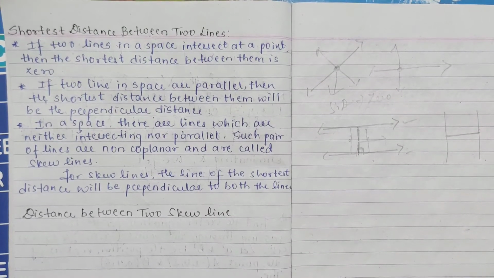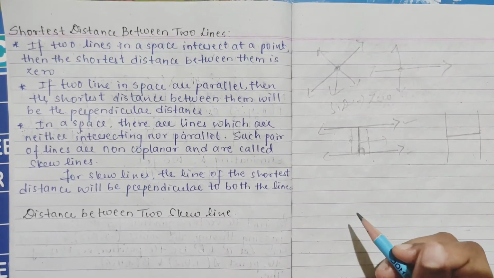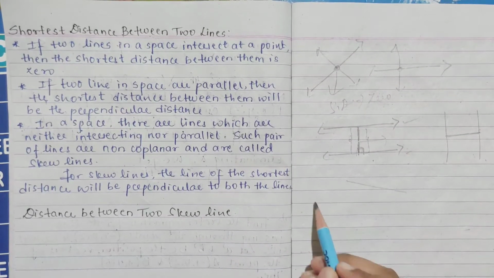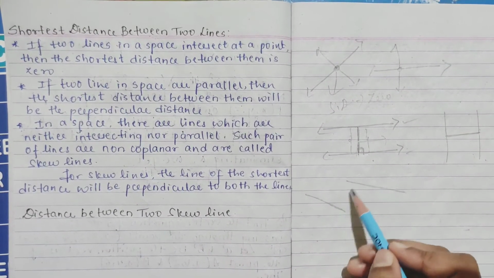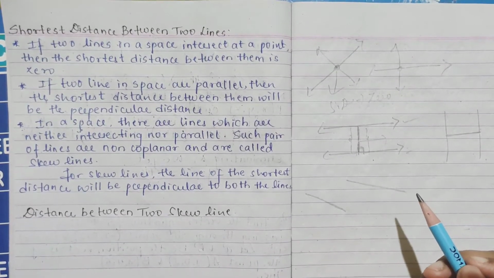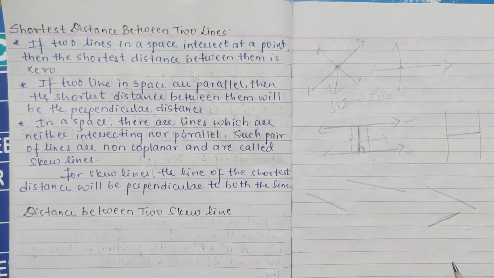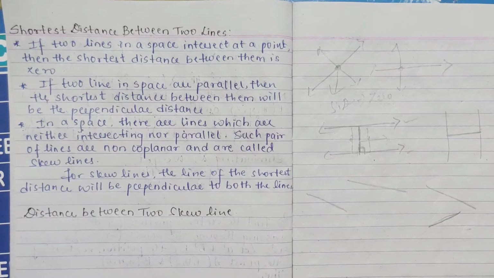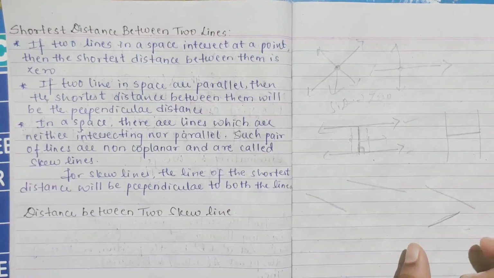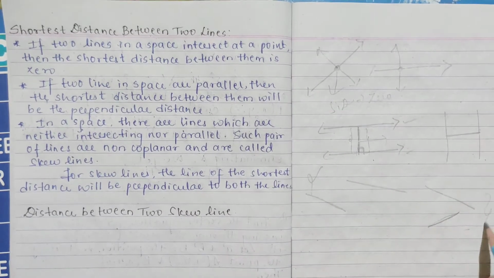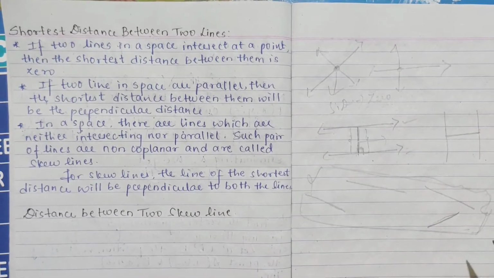Now some lines will be there that neither intersect nor are parallel, like for suppose like this. See, these are neither intersecting nor parallel. If one is like this, how do we find the distance for these lines? Such pairs of lines are called skew lines. The distance between skew lines, how will we do it?